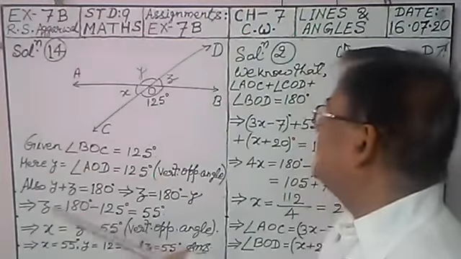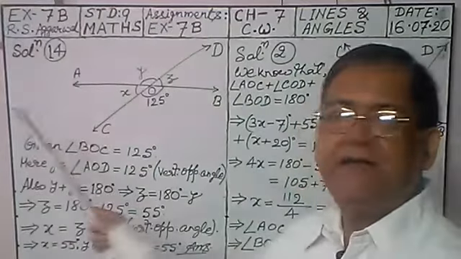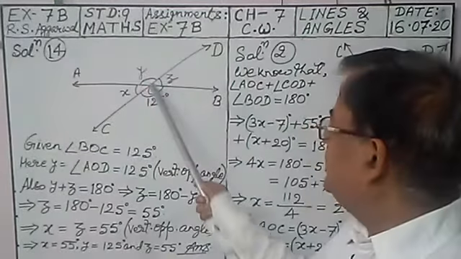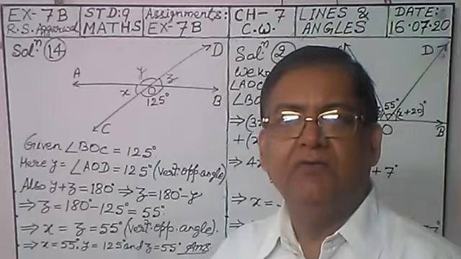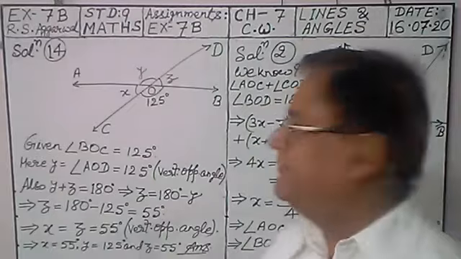Also Y plus Z. Now see here, this is the straight line AB. So at O, what will be the angle? A straight angle equal to 180 degrees.